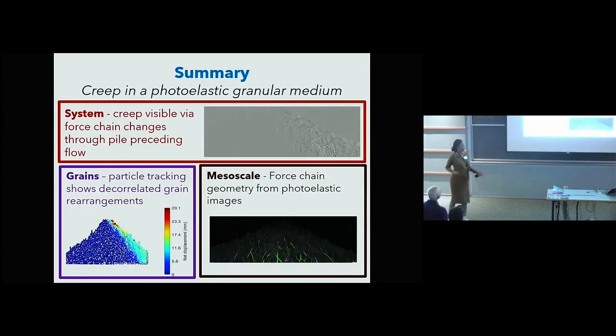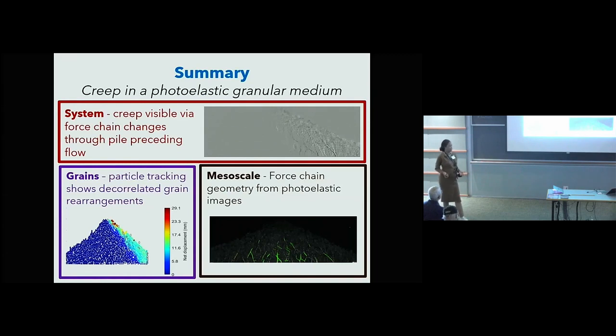So in conclusion, I'll share with you all the beginnings of a nice experiment that we have in which we're using photoelastic granular media as a way of studying deformations in granular systems.